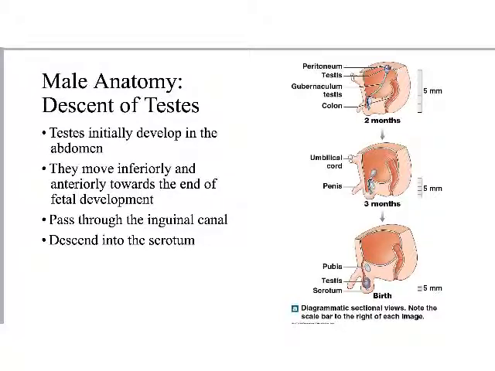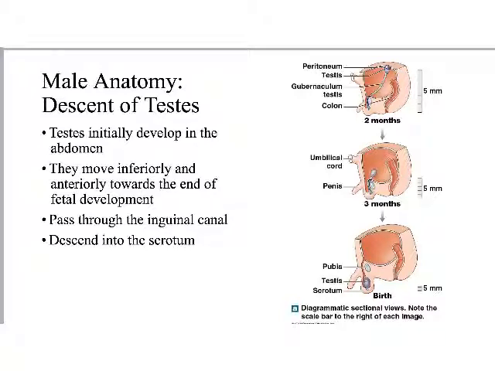Especially for women, their ovaries are deep in the pelvis and protected by all of those pelvic bones. That's a good idea, because it allows for great protection, so you don't harm the gonads, you don't harm the eggs. In a male, however, in order for the gonads to function properly, in order for the sperm to develop and survive, they need a slightly cooler environment than what is found inside the abdomen.